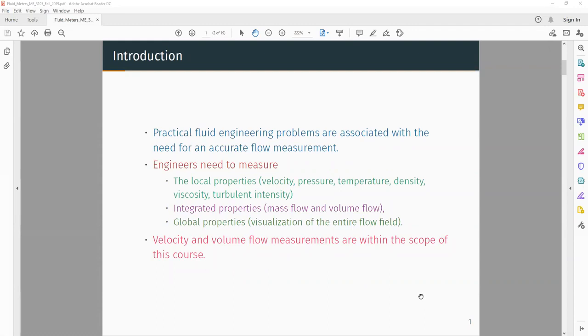And the global properties, that is the visualization of the entire flow field, might be important only for research purposes. Within all these properties, specific designs are needed to determine the specific properties. So we will only be concerned with volume flow measurements and velocity measurements in this course, as these are within the limit of this course.